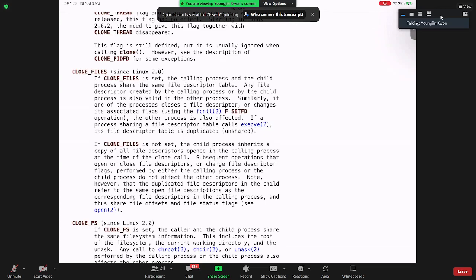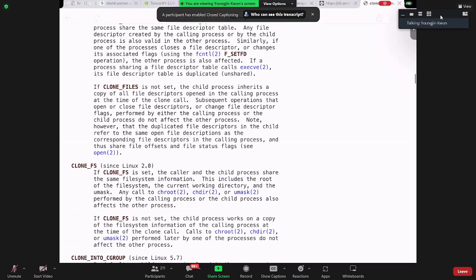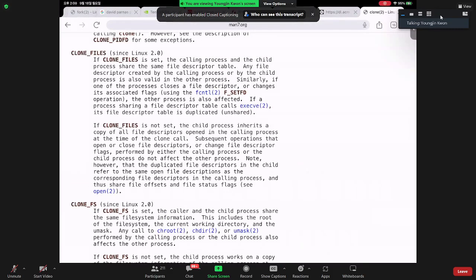It's good that you can interpret these manual messages. But if it is not set, the child process inherits a copy of all file descriptors open in the calling process at the time of the call. So depending on CLONE_FILES, you can control the file descriptors.